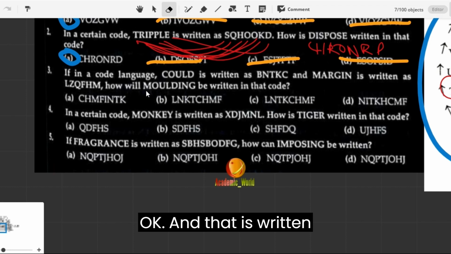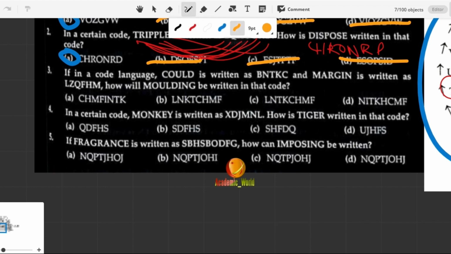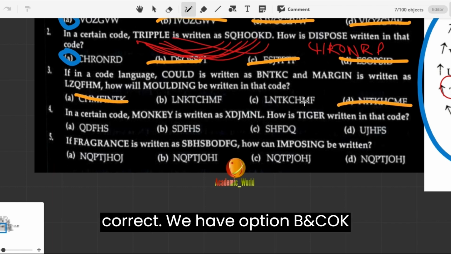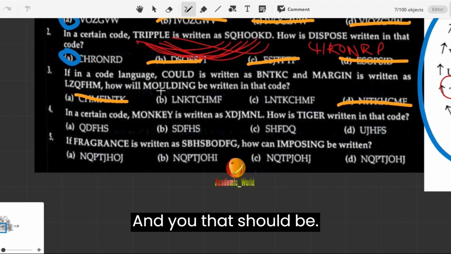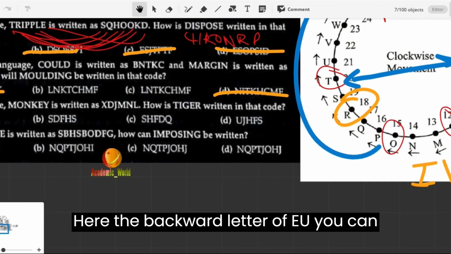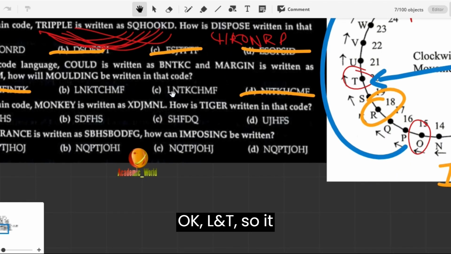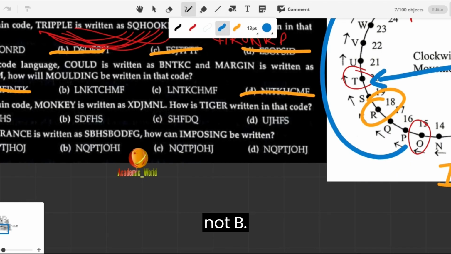Okay, M is written as L. So option A and option D are not correct. We have options B and C. Okay, O, N is here, and U should be, the backward letter of U, you can see T. Okay, L and T, so option C is correct, not B.